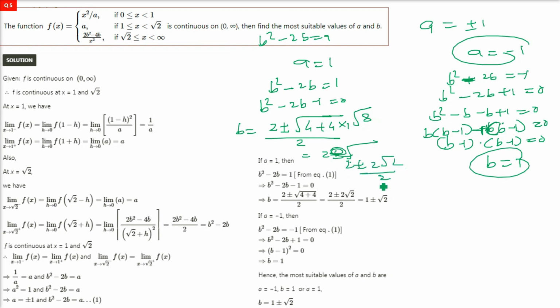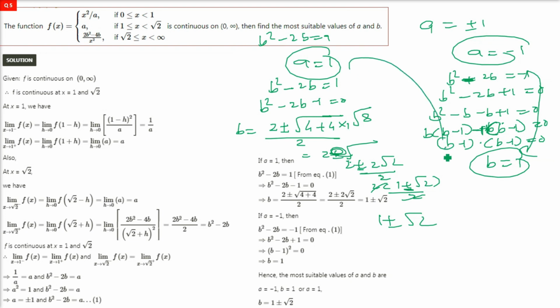You can cancel 2. So 1 plus minus root 2 it will be. One time it will be 1 plus root 2, one time it will be 1 minus root 2. So what do you see here? a is equal to 1, a equal to minus 1, b is equal to 1 plus minus root 2. So this is the whole answer you have to write because these are the suitable values for a and b.